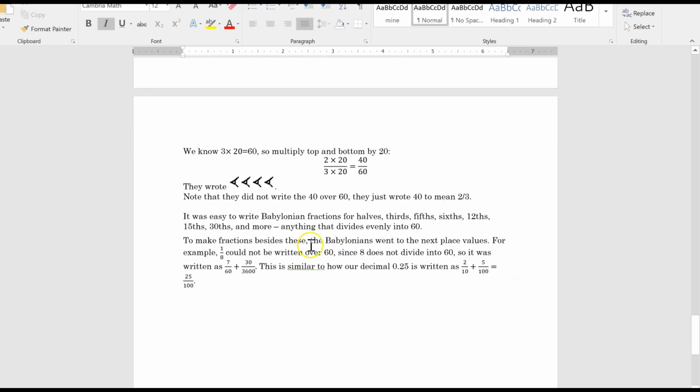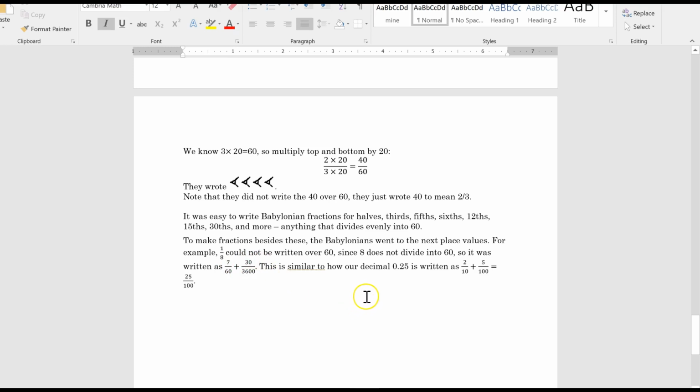To make fractions like a half, a third, a fifth, a sixth, a 12th was really easy in Babylonian because all of those evenly go into 60. To make fractions besides this, they had to go to the next place value, which was, right? If the first place value is 60, the next place value is 3,600, right?